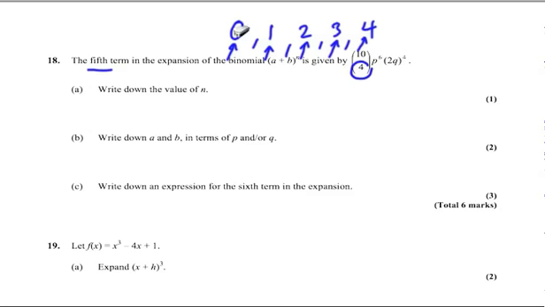Okay? So just to understand that a little bit, I'm just going to erase that. But that's the reason why this is 4. And remember, if this is 4, then this is 6, because 6 plus 4 has to equal 10. All right, so write the value of n. n is equal to 10, because that's basically the power. So we're done with part a. Write down the values of a and b in terms of p and q.